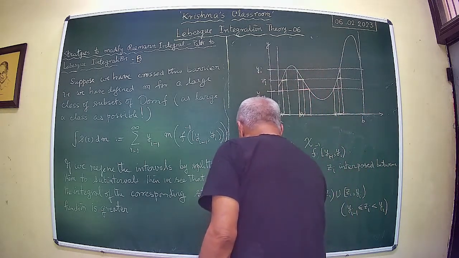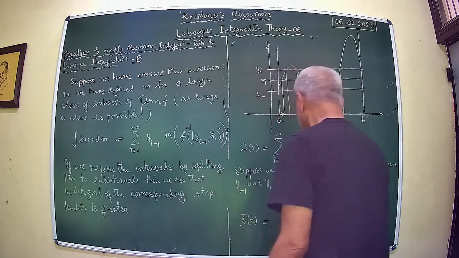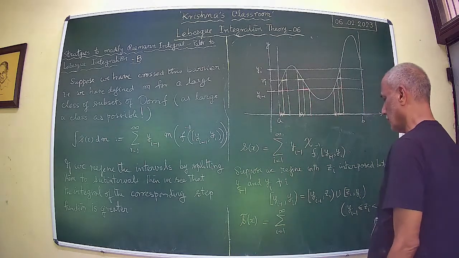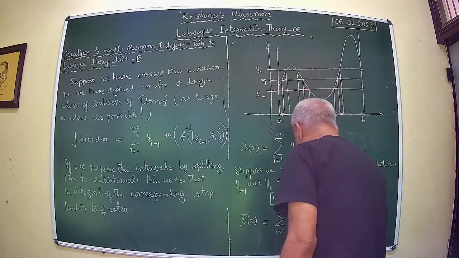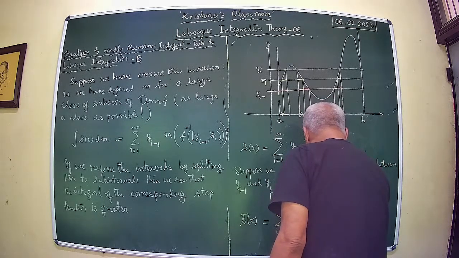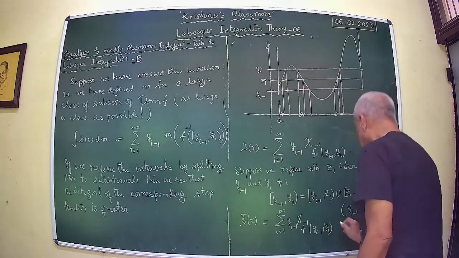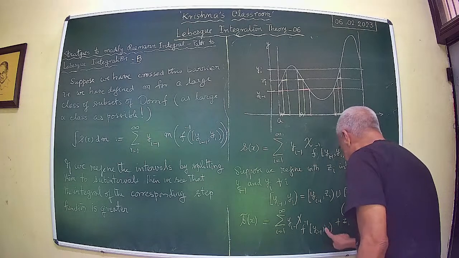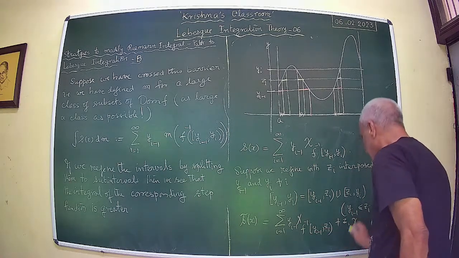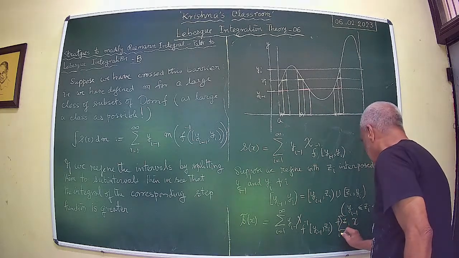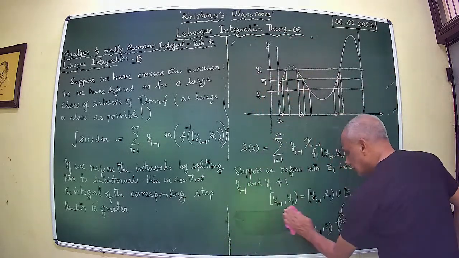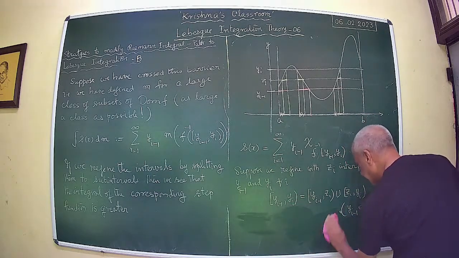So suppose s tilde x is equal to sigma i equal to 1 to infinity yi minus 1 chi of f inverse of yi minus 1 yi plus zi times chi, rather than writing it cramped.